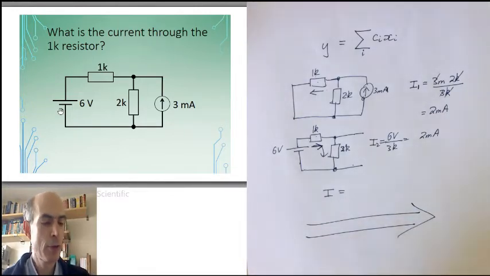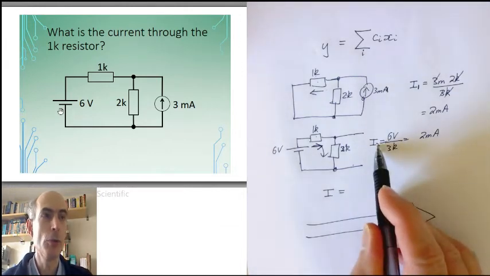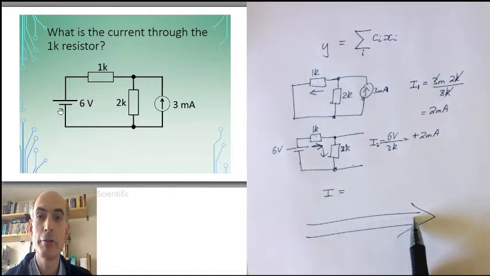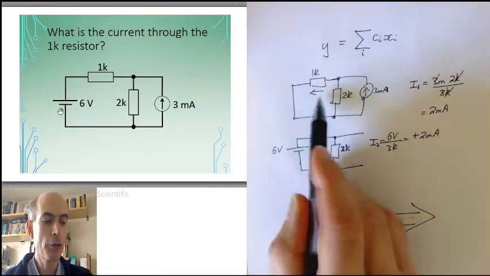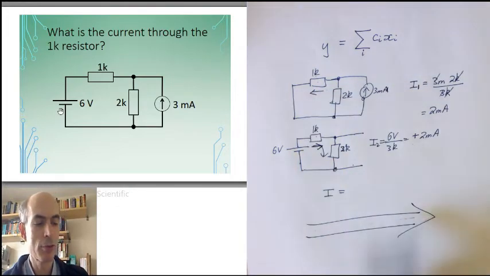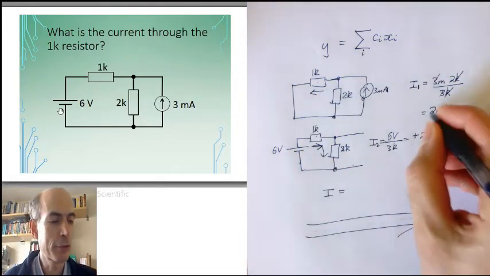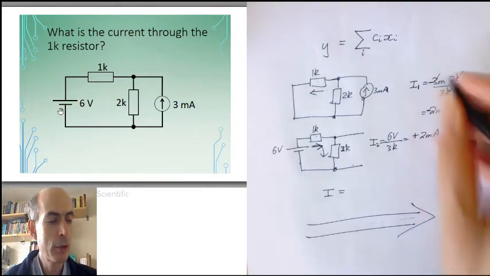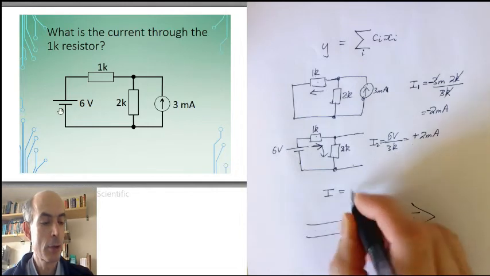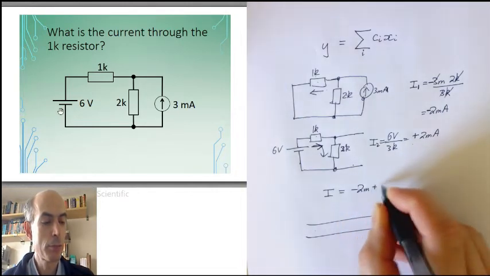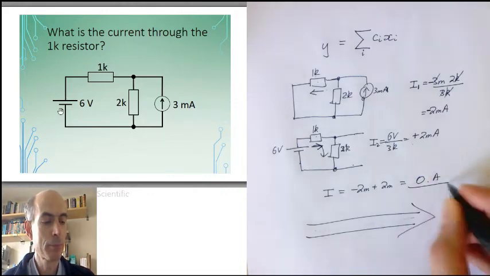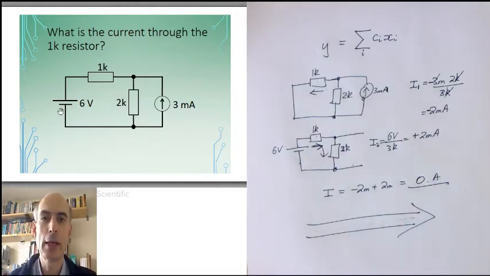In that case, this current here, I2, is a positive 2 milliamps because it's going in my positive current direction. This current here is a negative 2 milliamps because it's going against my positive direction of current. So I1 is actually minus 2 milliamps. That gives me my total current of minus 2 milliamps plus 2 milliamps, or 0. Nothing. No current would flow through this 1K resistor at all.